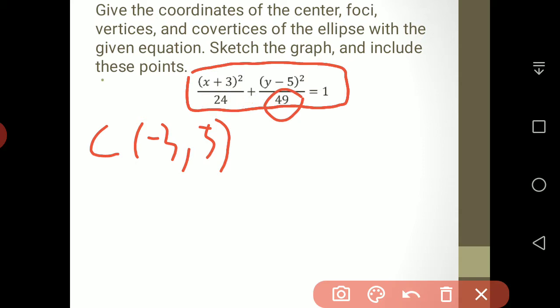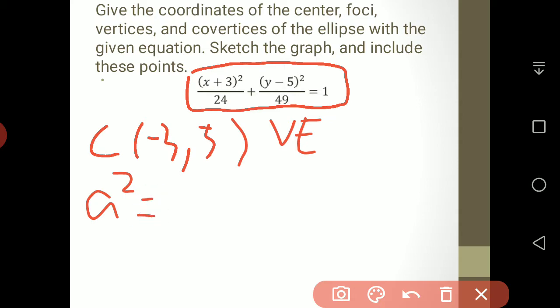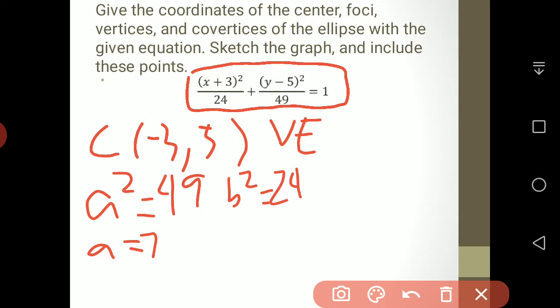So we know that this is a vertical ellipse, which means that a squared is equal to 49, a is 7, b squared is equal to 24. So b will be the square root of 24, which is approximately equal to 4.9.